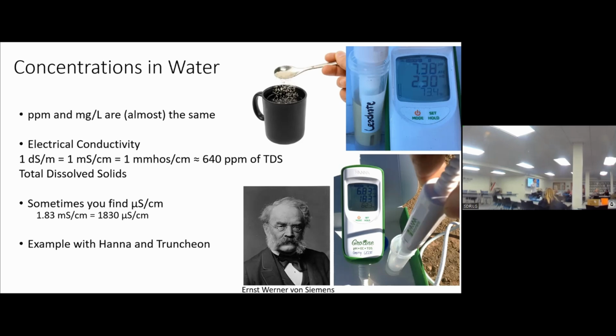For example, I know that up in Ventura, they have wells with ECs really high, between 1.5 and 2, but it's not too much of a problem because most of it is sulfate. And sulfate doesn't hurt plants as much.